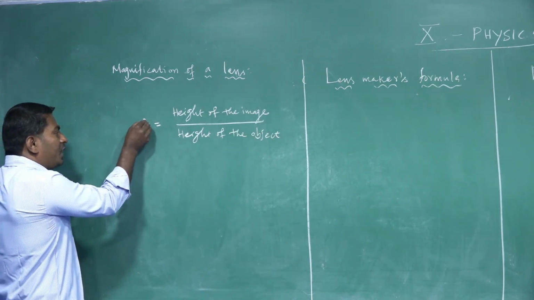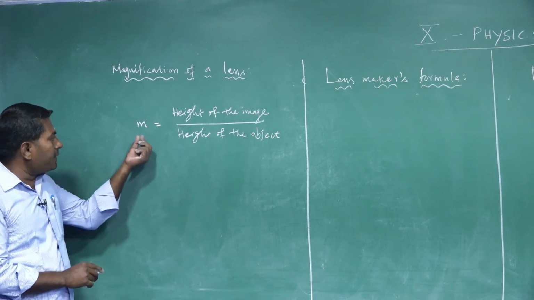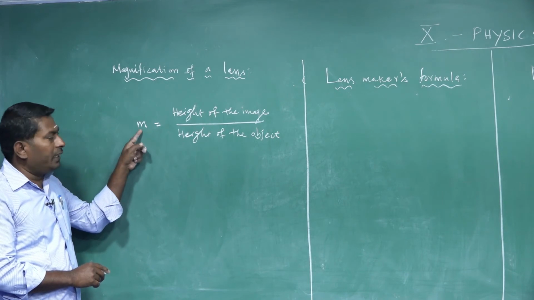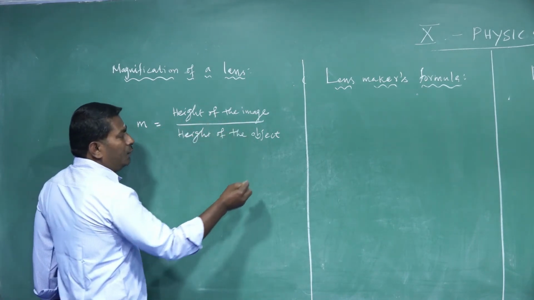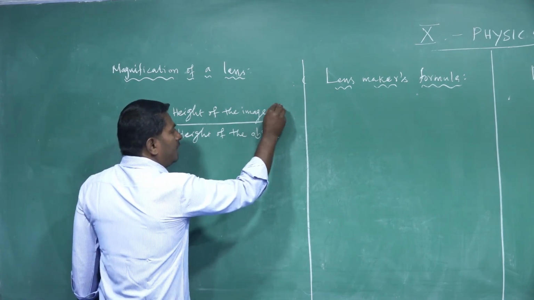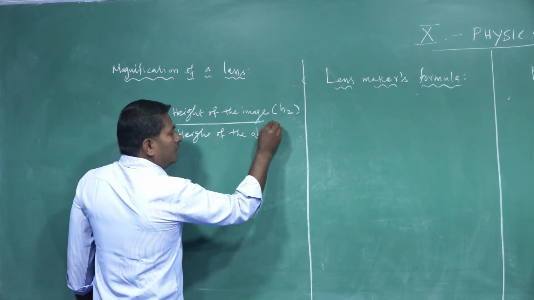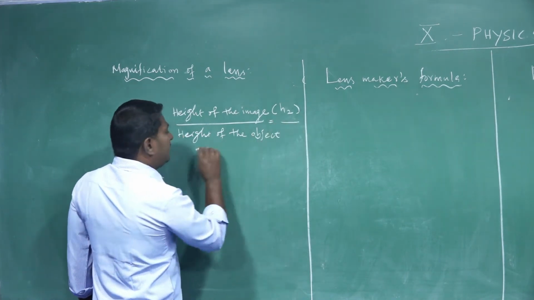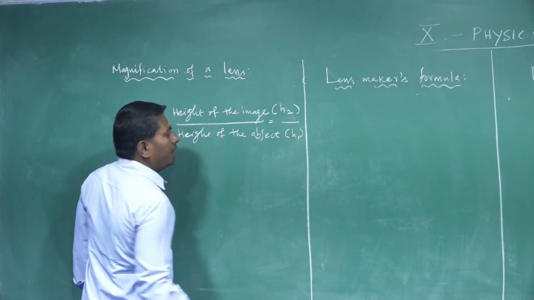The magnification of a lens, either convex or concave, is represented by the letter small m, which is equal to the height of the image, represented by h2, divided by the height of the object, represented by h1.